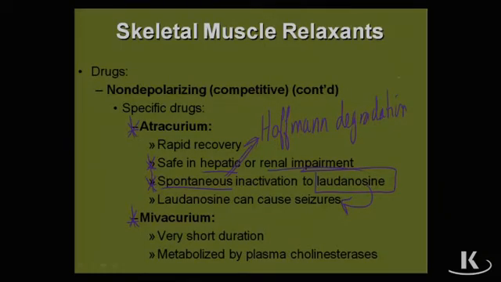How about mivacurium? This is actually an ultra-short acting drug which owes its speed to the metabolism by esterases. Okay, they're called cholinesterases. Actually, in some books, they're called butyrylcholinesterase or pseudocholinesterase. I really don't care about anything in front of esterase because to me in medicine, if I see the word esterase, I know its significance.